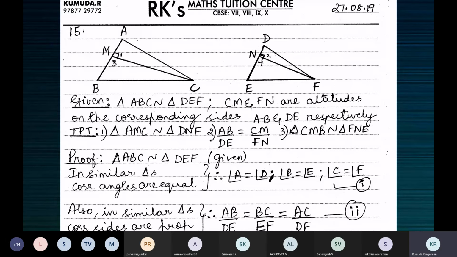AB by 2 is not AM because M is not the midpoint of AB. If CM was the median, you're right. So M is not the midpoint of AB, N is not the midpoint of DE.